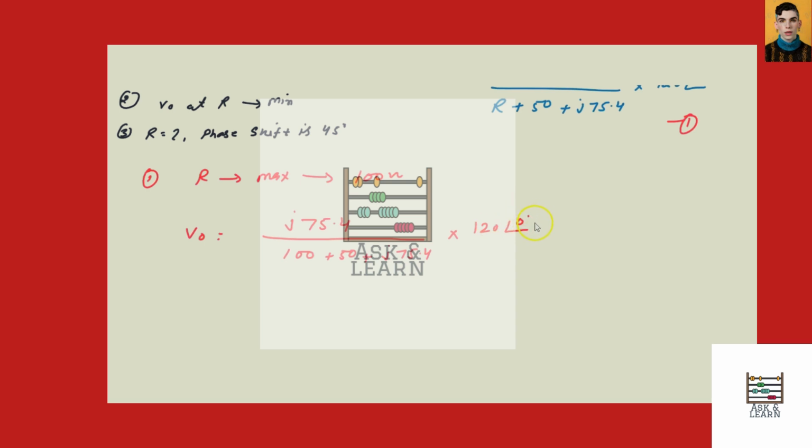Now by solving this, the numerator is 75.4 angle 90 degree, since the real part is 0.